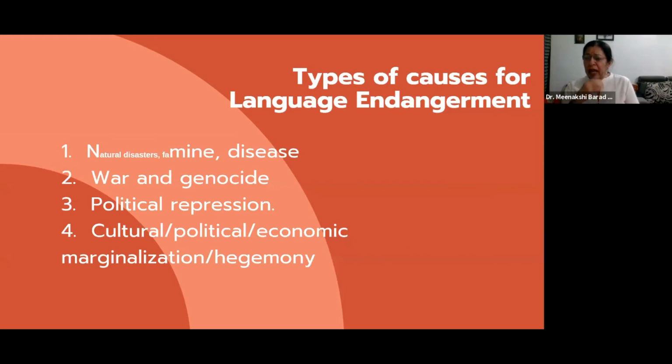of languages of the indigenous populations who are wiped out by colonialists and causes like that. And then there is political repression. This happens when nation states working to promote a single national culture limit the opportunities for using minority languages.